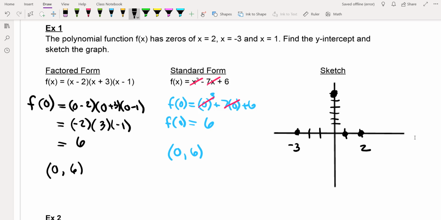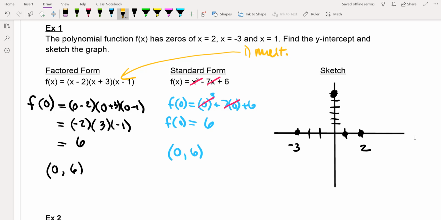Now, in order to sketch it, I'm going to have to analyze two things. The first thing I'm going to analyze is, when I look at the factored form right there, I'm going to notice the multiplicity. Each one of those has a multiplicity of 1, which means when I draw this, I'm going to be passing through these.